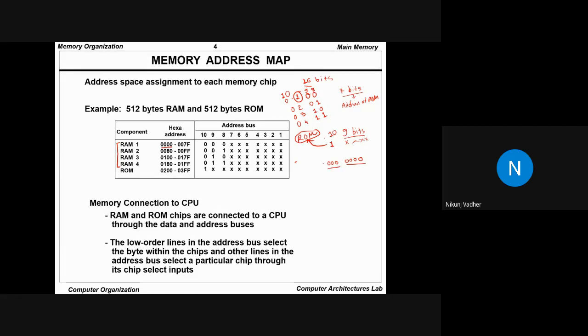Bit number 8 will be 0, bit number 9 will be 0, and bit number 10 will be 0.